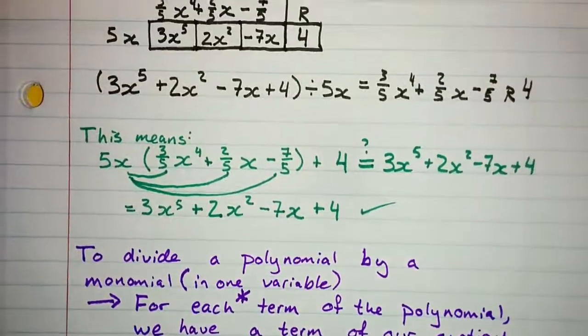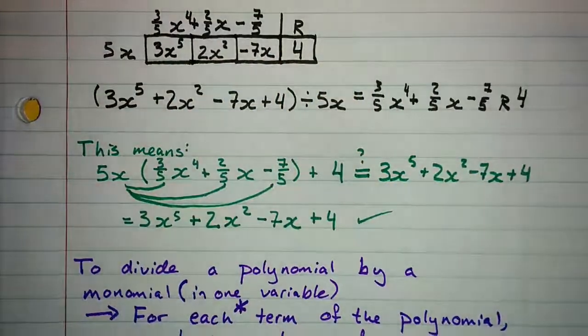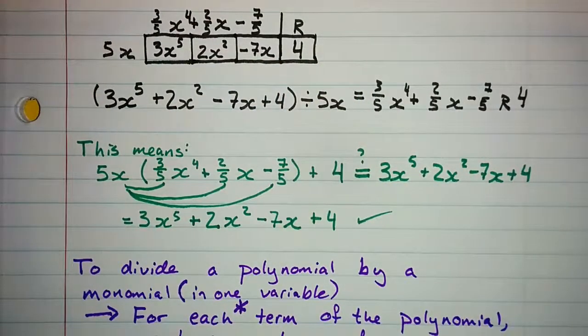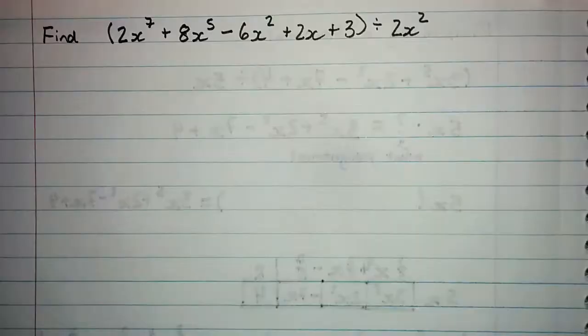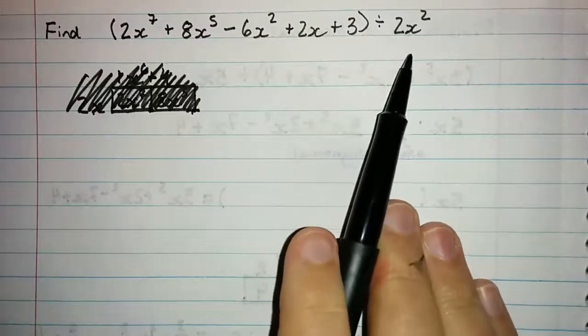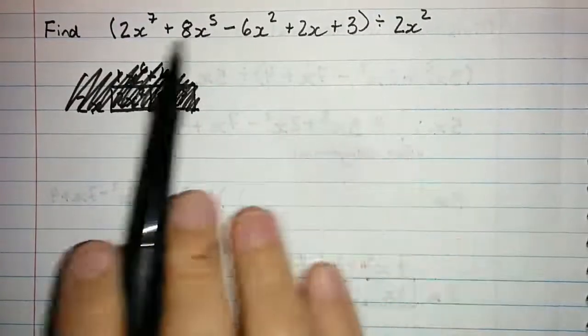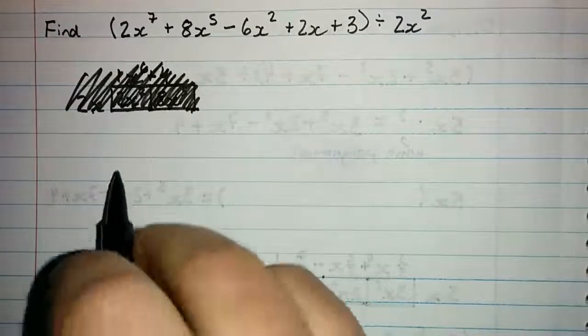And again, the area model can help us organize our work. Let me give you one of these to try. Work this division problem. Pause the video and try this now. All right, for each term, we need to decide what times 2x squared will give me this term.